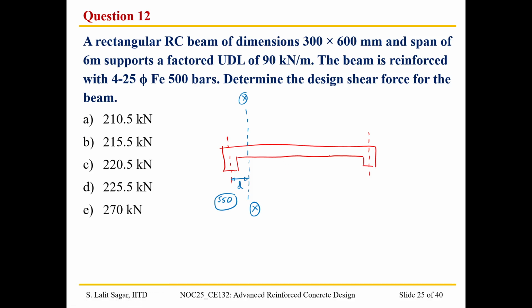Now, it is subjected to a UDL, so this is 90 kilonewton per meter. So the reaction, let us call it R, is equal to 90 into 6 divided by 2, that is 270 kilonewton.